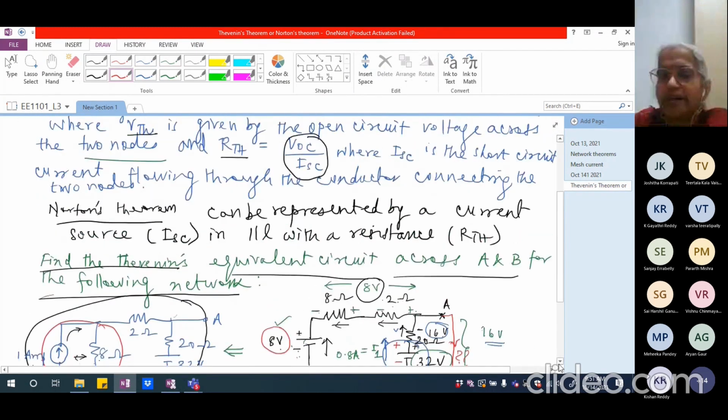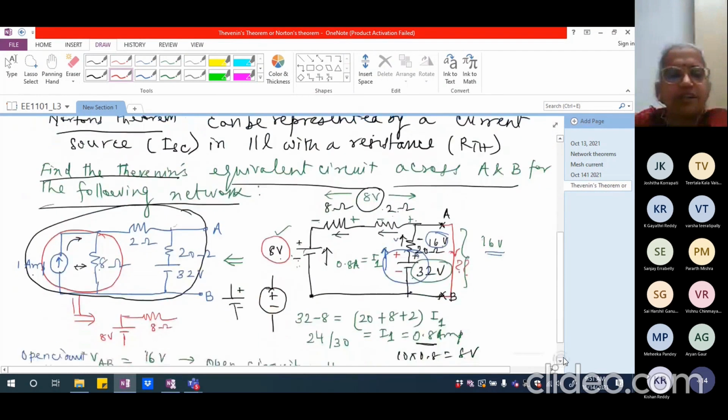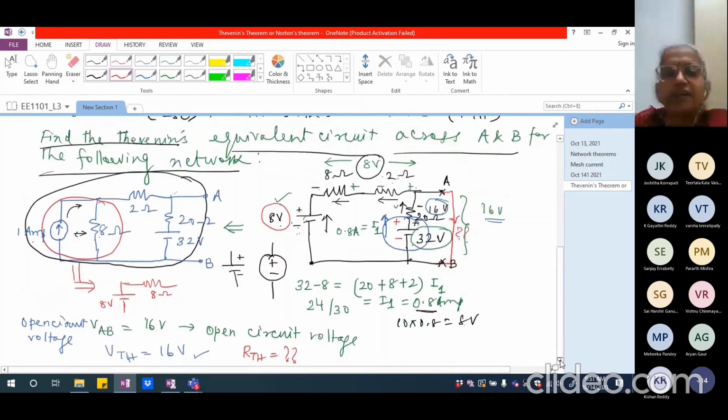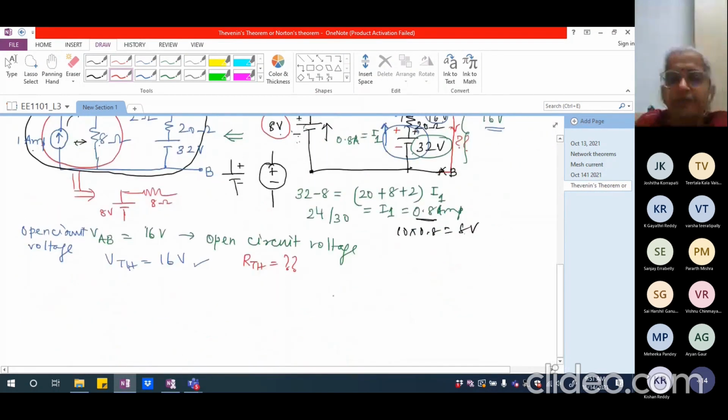So let me again redraw the circuit. Okay, let me try to redraw the circuit. So I'm going to have 8 volts here and this was 8 ohm.